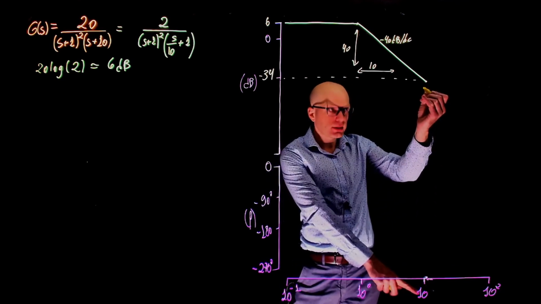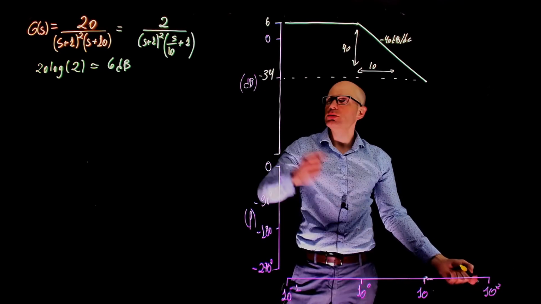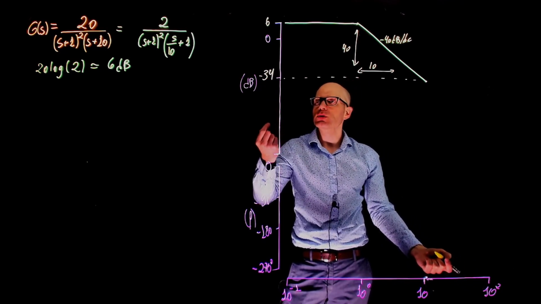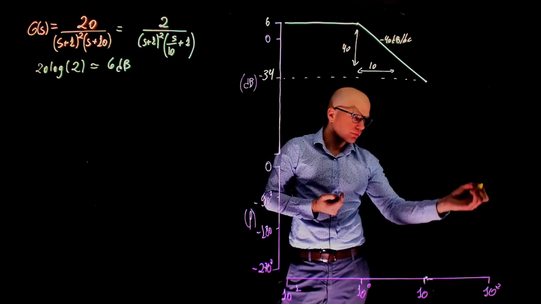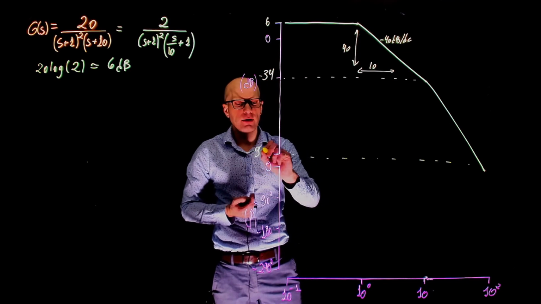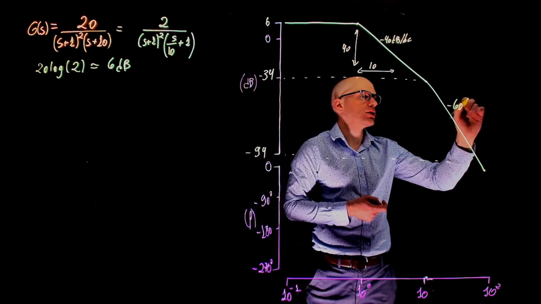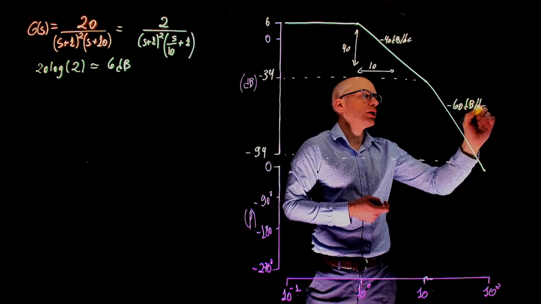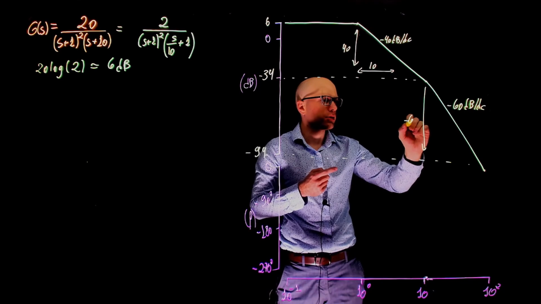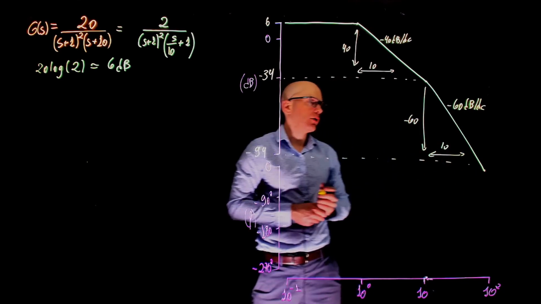So if at 10 we are at negative 34, at 100 we should be at negative 34 minus 60, which is negative 94. We should be roughly at negative 94 decibels, because this slope now is negative 60 dB per decade.